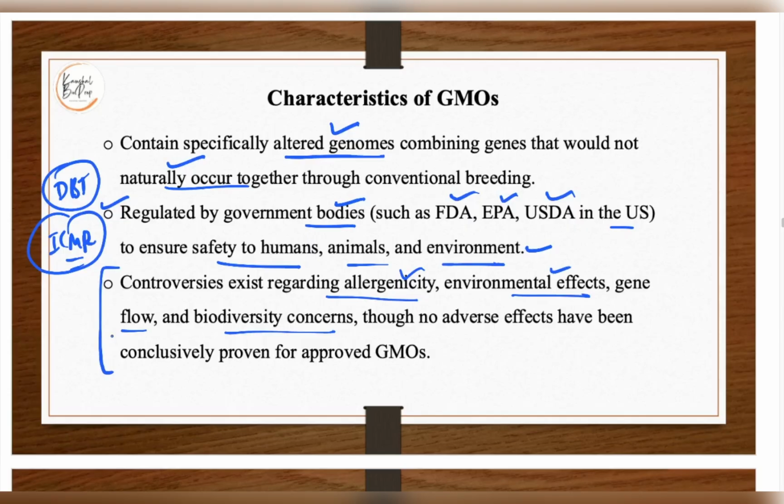So there are certain theories that these organisms may have some negative impact on the environment, or on biodiversity or other things, but these adverse effects have not been conclusively proven for approved GMOs. What that means is that all these concerns have not been seen in the approved GMOs. That is why there is a regulation over the production of GMOs, so that if there is some kind of adversity, that can be excluded.